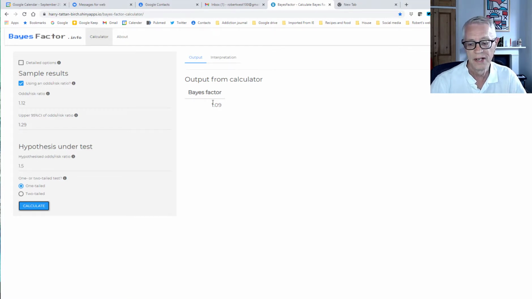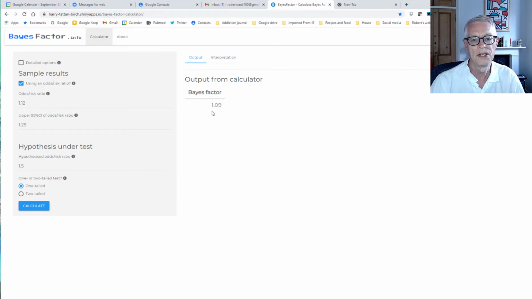When you do studies, sometimes you get clear results and sometimes you don't. In this case, it's very close to 1. It's slightly higher than 1. So there's about a 9% chance, if you like, greater that the cytosine had an effect in the region of 1.5 versus that the effect was 0, or the risk ratio was 1.